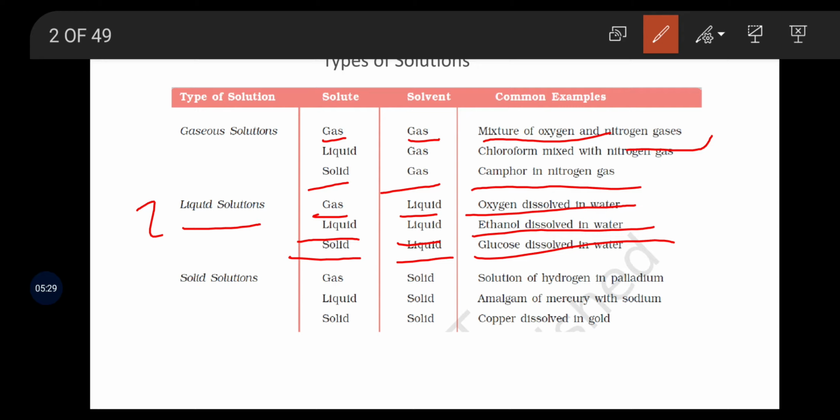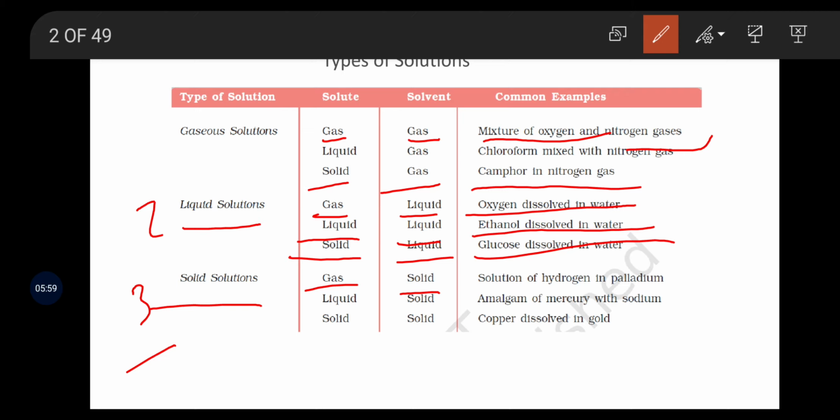Now next, solid solution. In solid solution, the solvent is taken as solid. Now if gas dissolves in solid, the solution will be gas in solid.